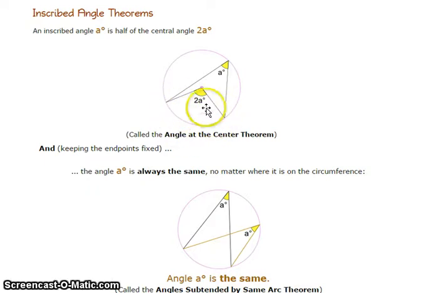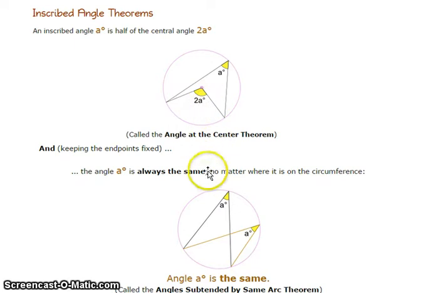And this creates a relationship between these two angles in that the inscribed angle is half the size of the central angle. Okay, so if this was 50 degrees here, an angle A, the central angle, being that they are subtended to each other, they share the same endpoints, it will be double, so it will be 100 degrees.